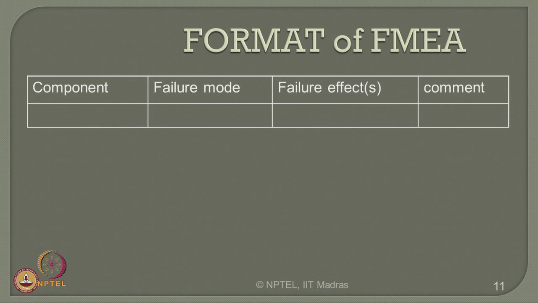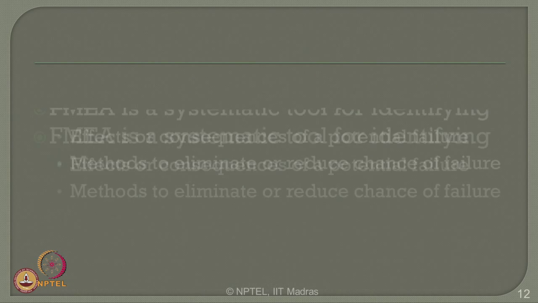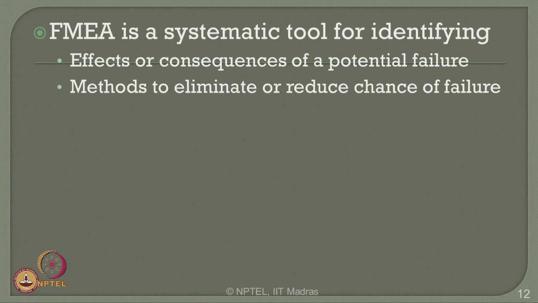Therefore, the overall performance of a given mechanical system can be assured to the highest probability of success. FMEA is therefore a systematic tool for identifying the effects or consequences of a potential failure, and methods to eliminate or reduce the chances of failure of an overall system, because you are able to understand clearly the failure of components of a given system.